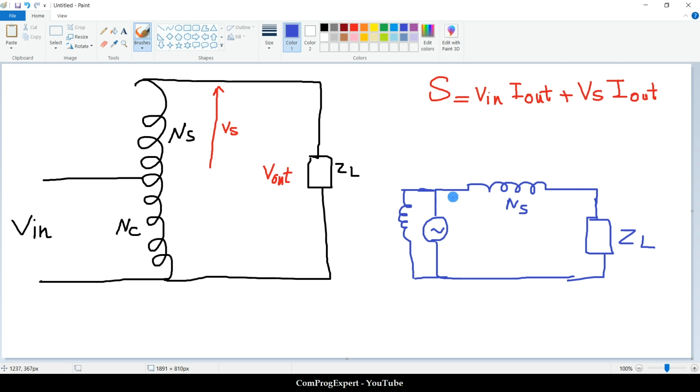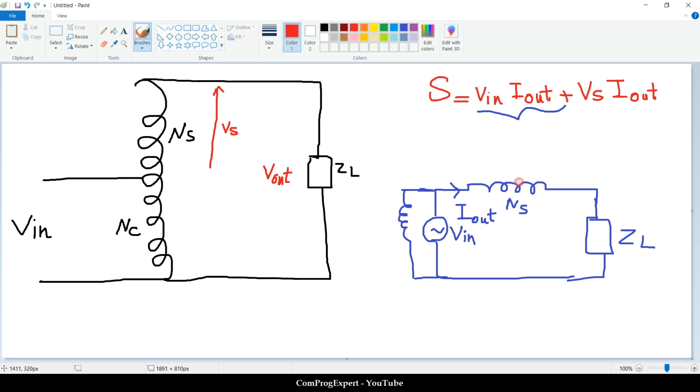Anyway, this is the value of the current I out. The power delivered by this source to ZL is V1, or V in, times I out. This is the amount of power delivered by this source, so this is the conductive portion of the apparent power.